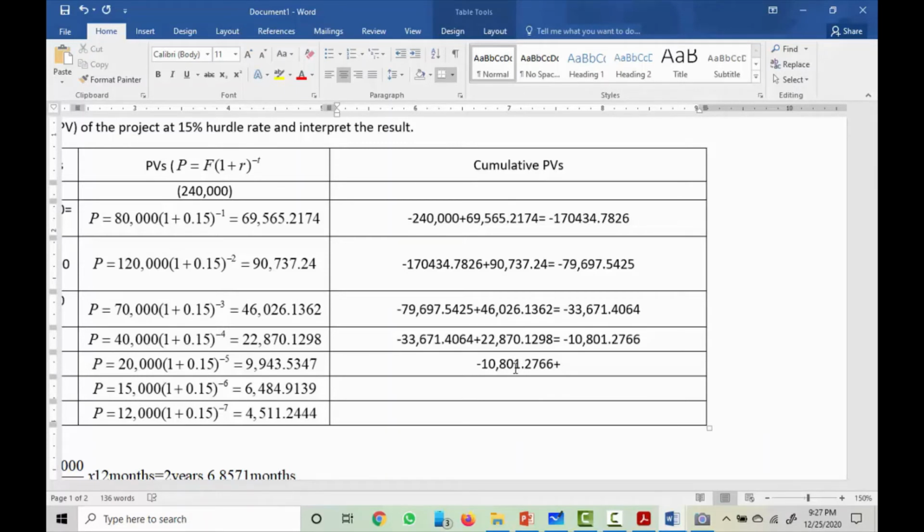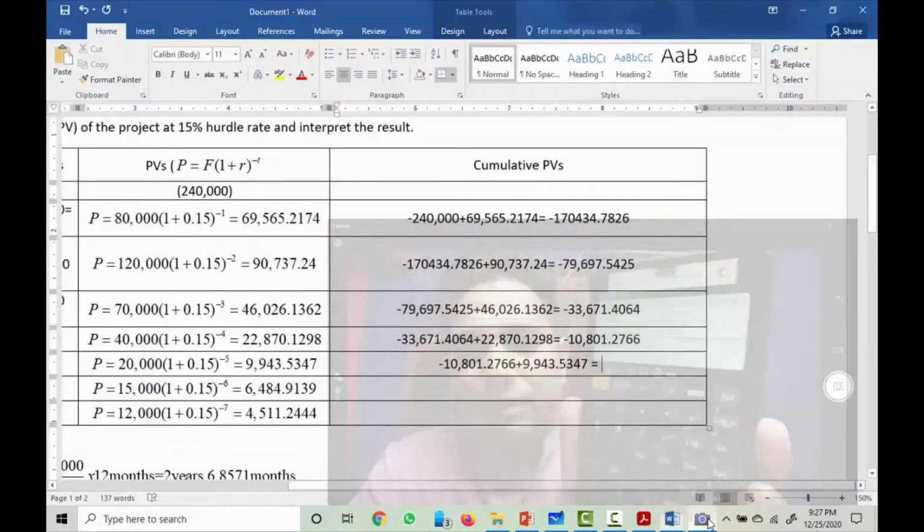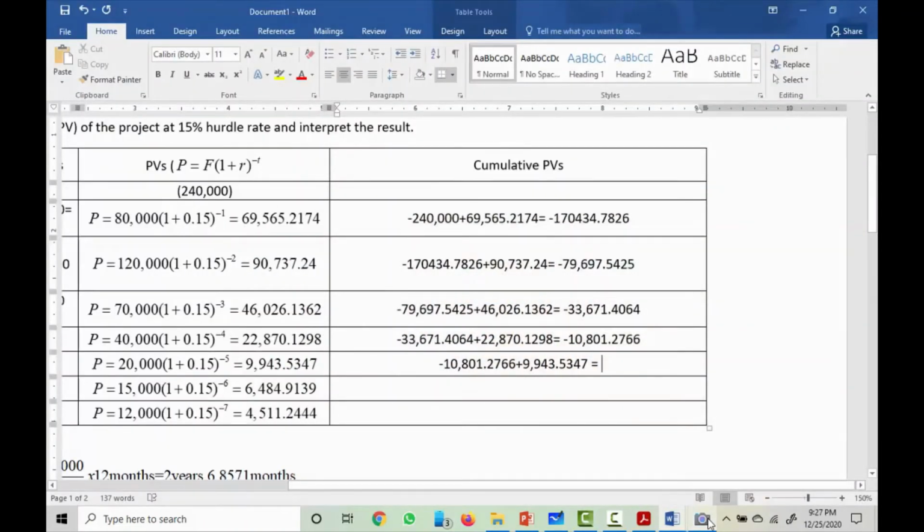Now we need to add the next present value, which is 9,943.5347. So we press plus after this one, and then 9,943.5347.